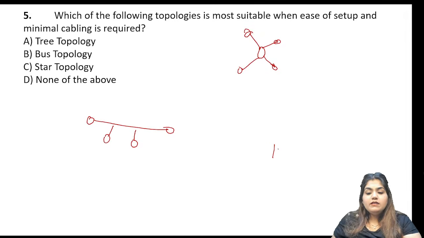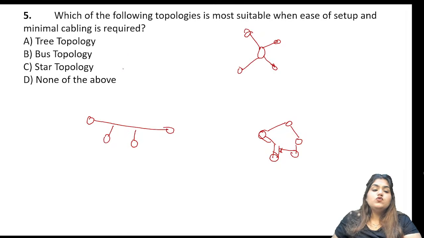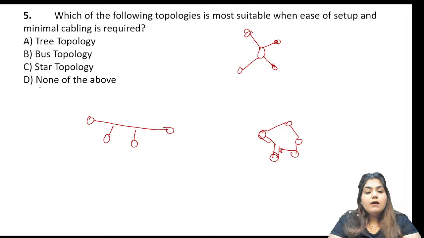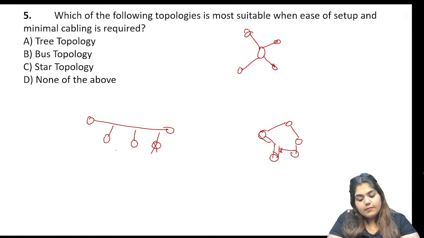In a tree, there is one system, and everyone is linked to that. And what is the most suitable one? It is the bus topology, because if one gets erupted, others won't get affected.